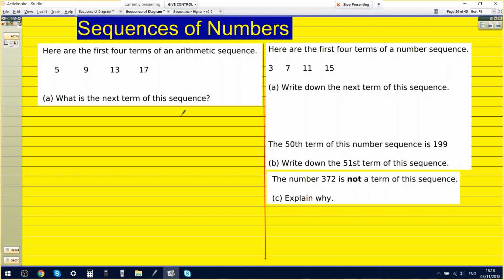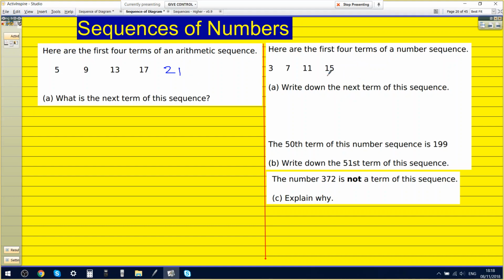Okay, let's try these. Next term of the sequence. So now they're not even using pictures anymore, they're just using the numbers. Alright, next term. 21. That's it.